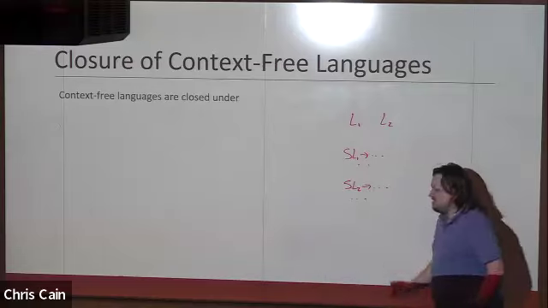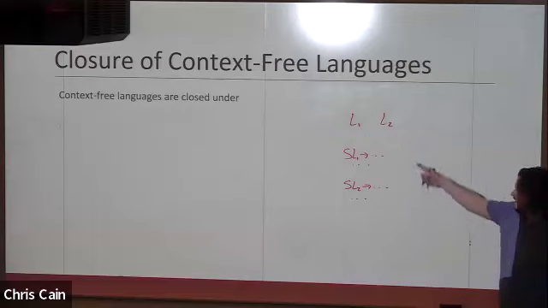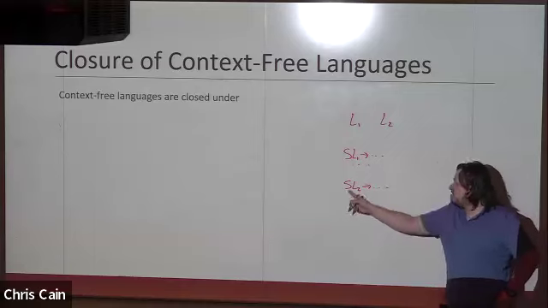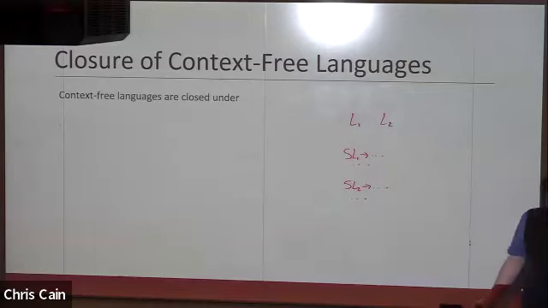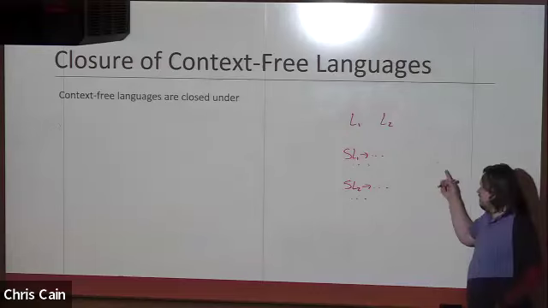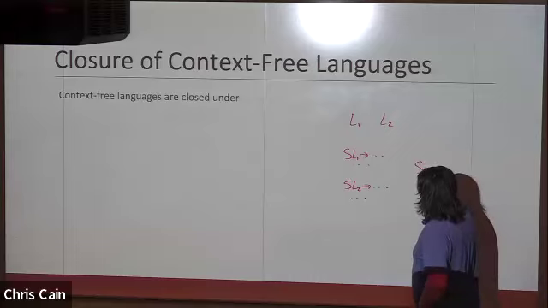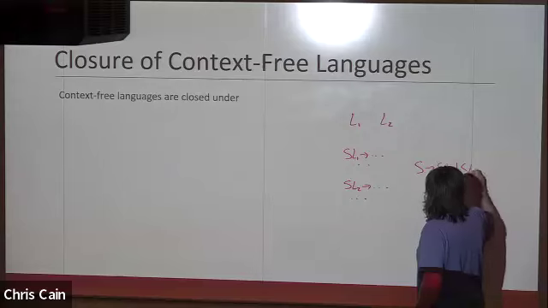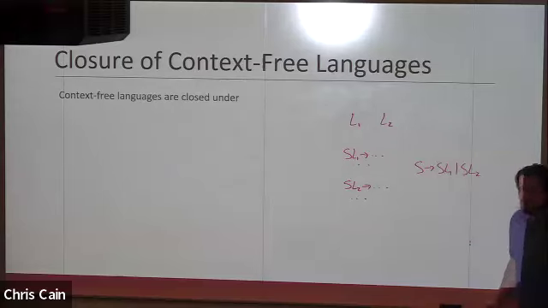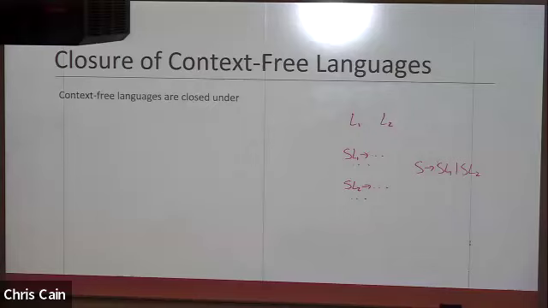So here are our two grammars that represent language 1 and language 2, both being context-free. These are our start non-terminals for each of these grammars. Then to show that the union of these two sets is context-free, we just needed to add one more production that allowed us to non-deterministically choose the left-hand side or the right-hand side as the language that was going to accept it.